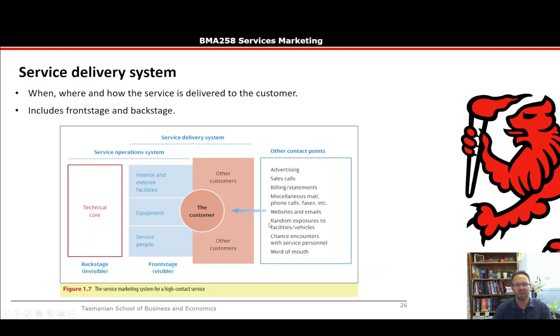So like, oh hey, yeah, you work for University of Tasmania, blah blah blah, and of course that's why as services marketing people, we're kind of asking our service people to be brand ambassadors for the organisation. So it's not just while you're working that you're representing the organisation, but then these random encounters as well. All right, so this is a service delivery system for high contact service.